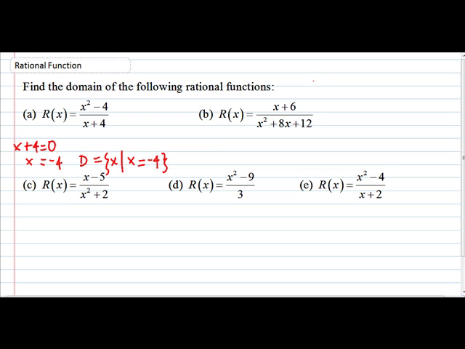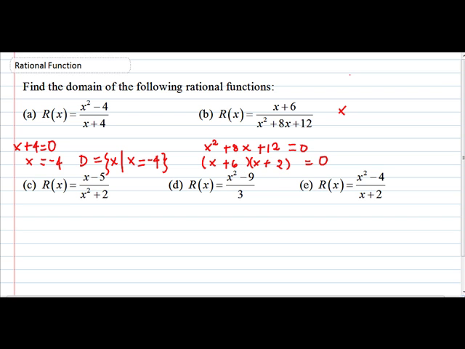Part B, we do the same thing. We set our denominator equal to 0, and we solve for x. So first, we have to factor our polynomial. So we have (x + 6)(x + 2), because 6 times 2 is 12, and 6 plus 2 is 8.